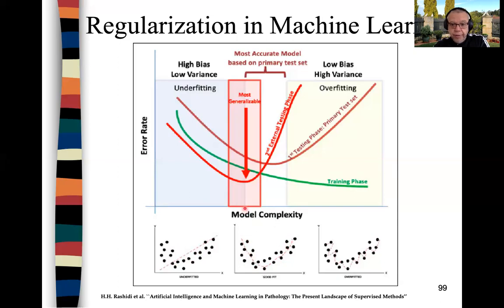Before, people used to talk about the bias-variance trade-off, because what you would like to have is a low bias and a low variance.